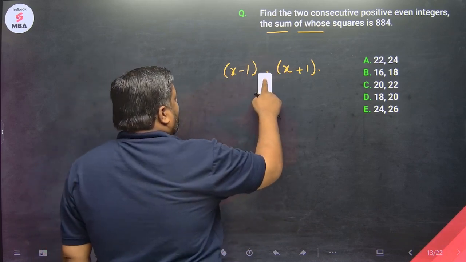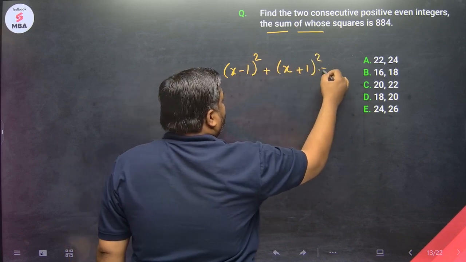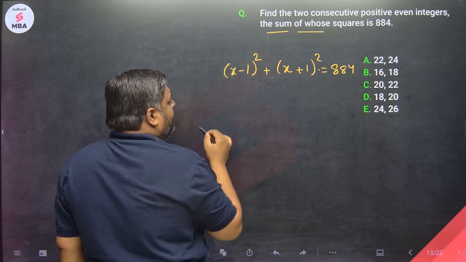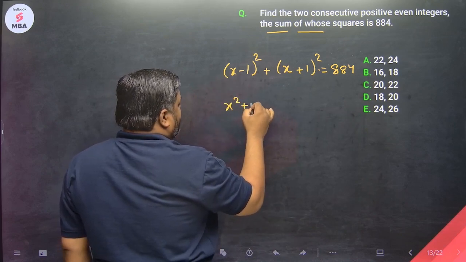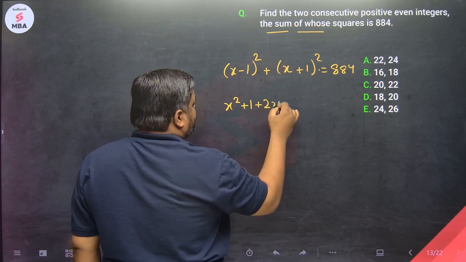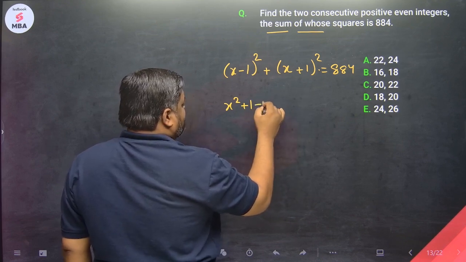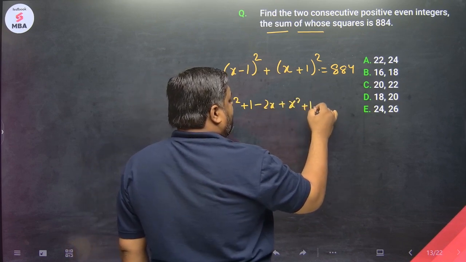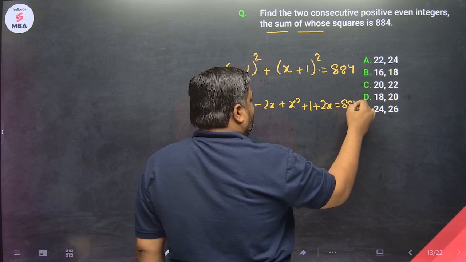Now when we add the squares of this, we are getting 884. Okay, chalo, so let's do that. This is x square plus 1 minus 2x, minus है first वाला, and this is x square plus 1 plus 2x is equal to 884.